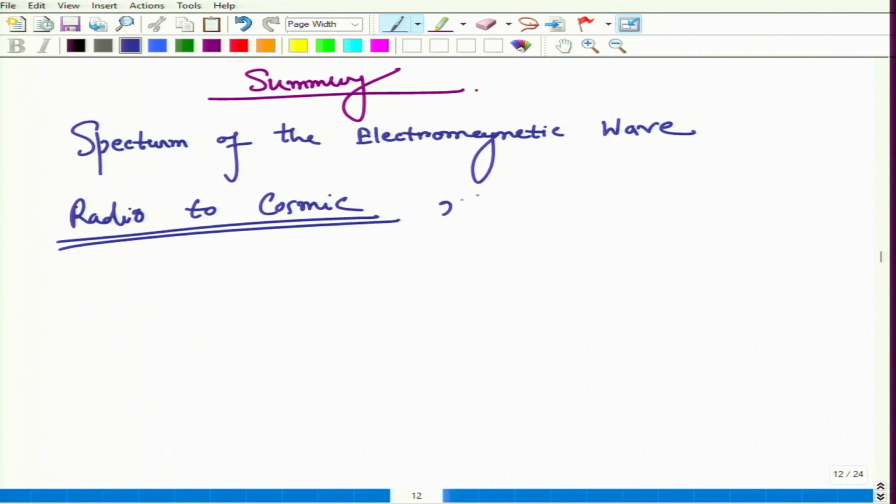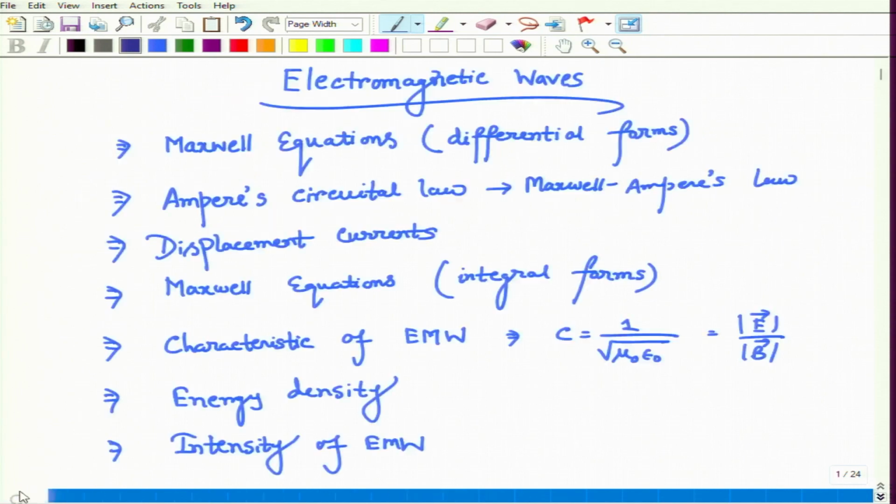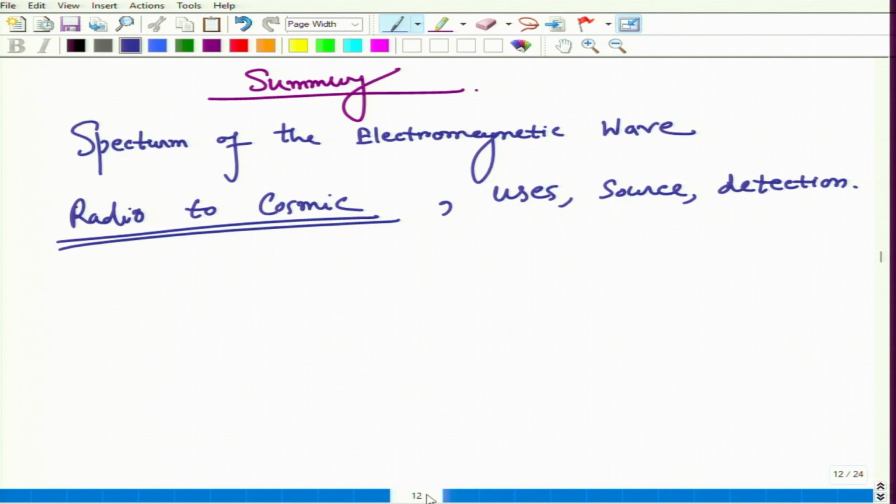Also we have studied the uses, source of those spectrum and the detection. Also we have discussed the previous parts at the start.